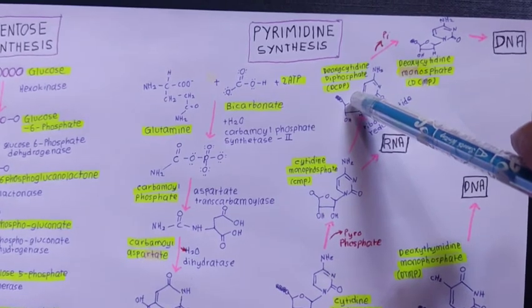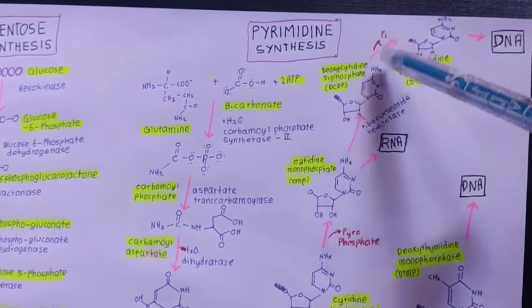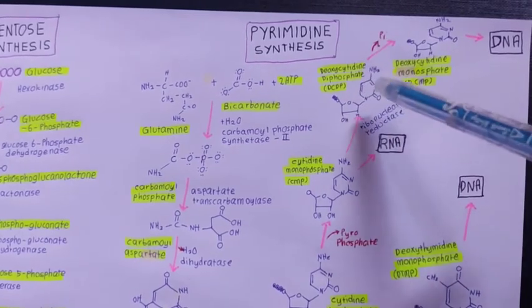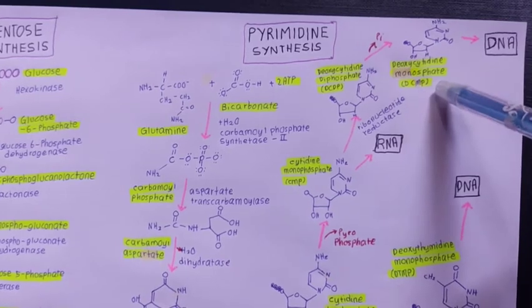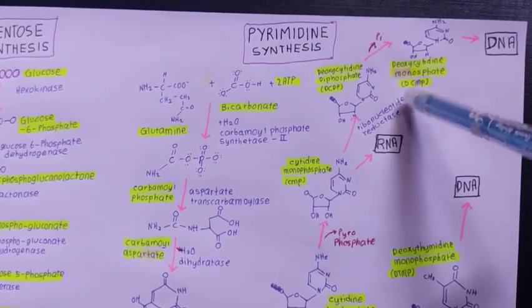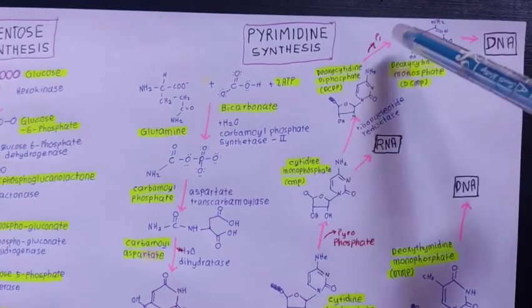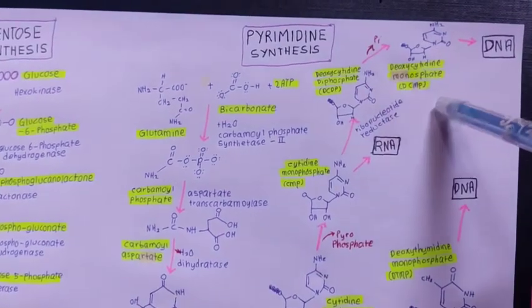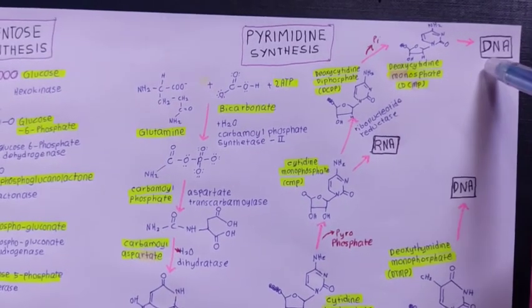Then this dCDP has one phosphate group pulled out and is converted into deoxycytidine monophosphate or dCMP. The phosphate group was pulled out, and this dCMP can convert into DNA.